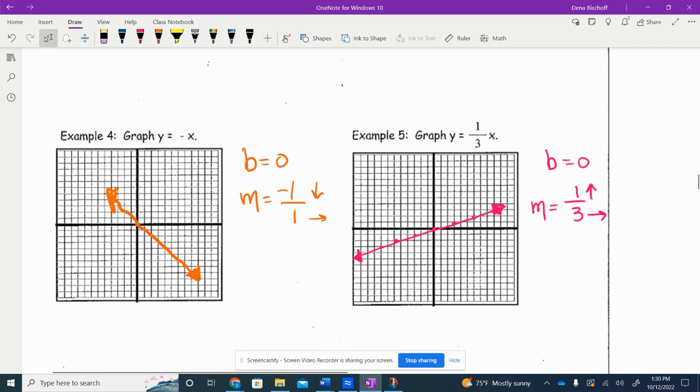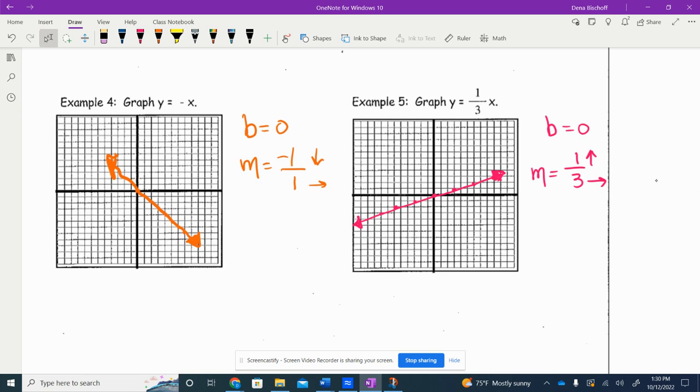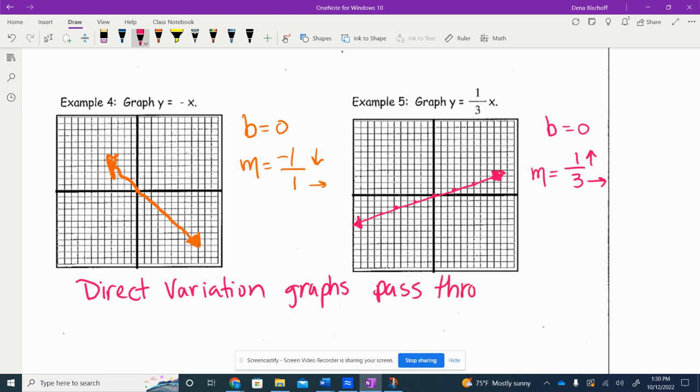Parker, thank you. So I just want to make sure that we know a couple of things. We know that direct variation graphs pass through what? Where do they go through? They pass through 0, 0, or the origin. I would write that down. You might see that question later.